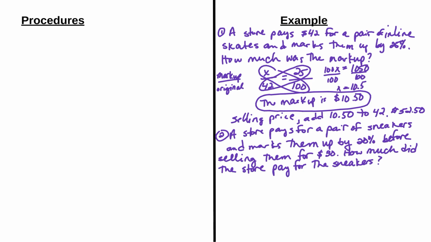We know they've been marked up by 20%, and we know that they're selling them for $30. So what we're really talking about is the selling price compared to the original. Why is that important? Because we know the selling price is $30, but we don't know the original. But we do know that the original is 100%.